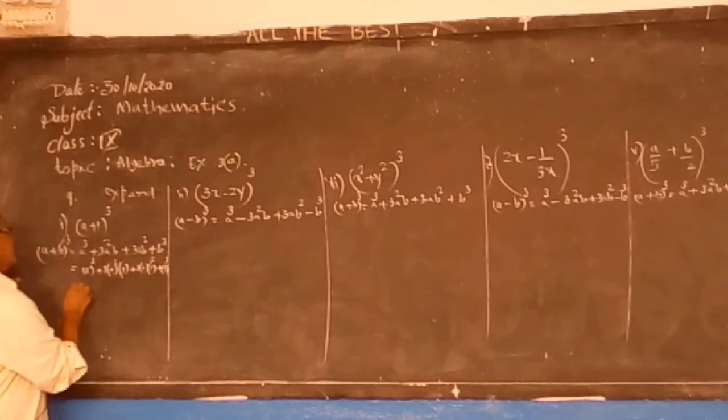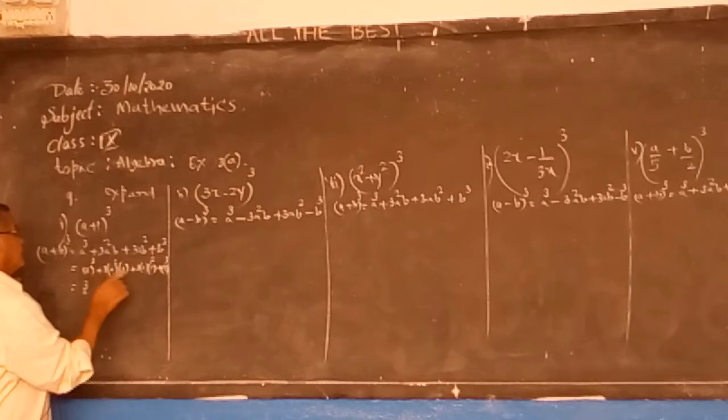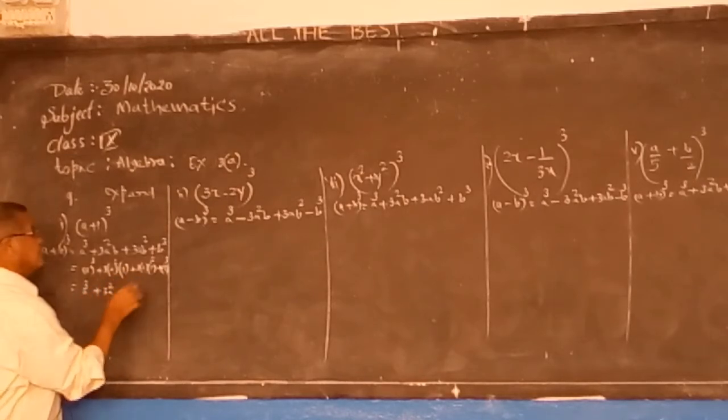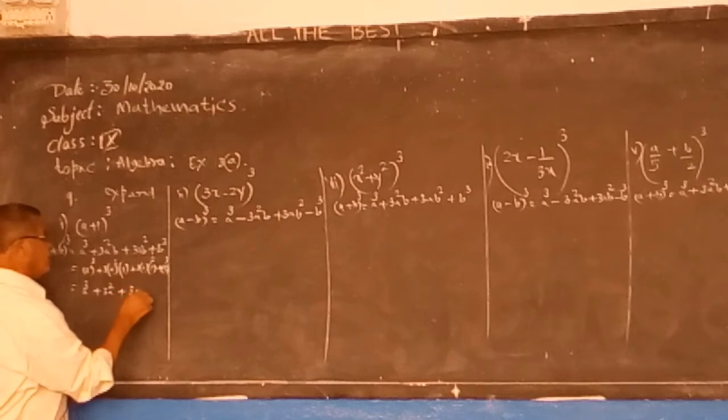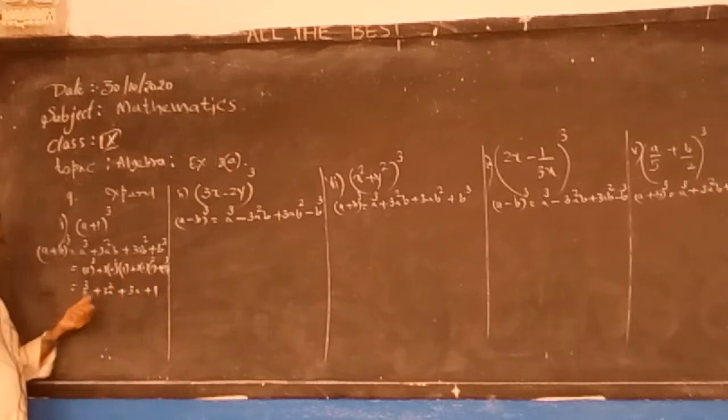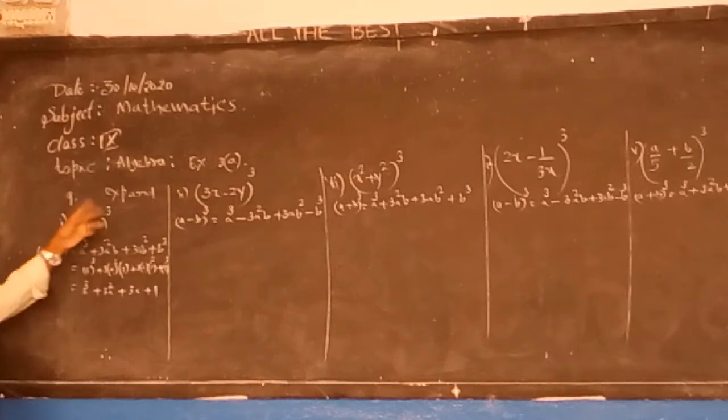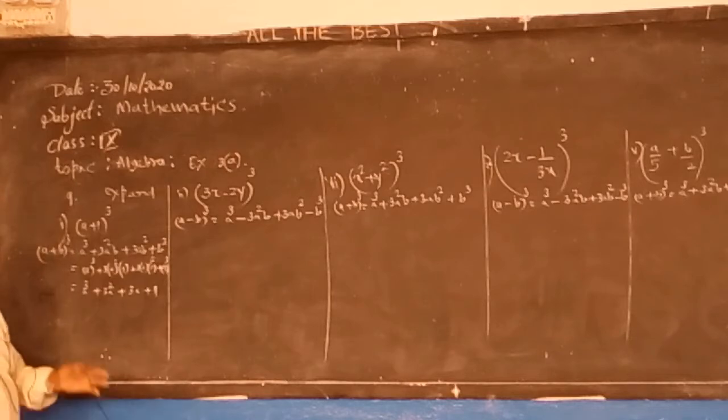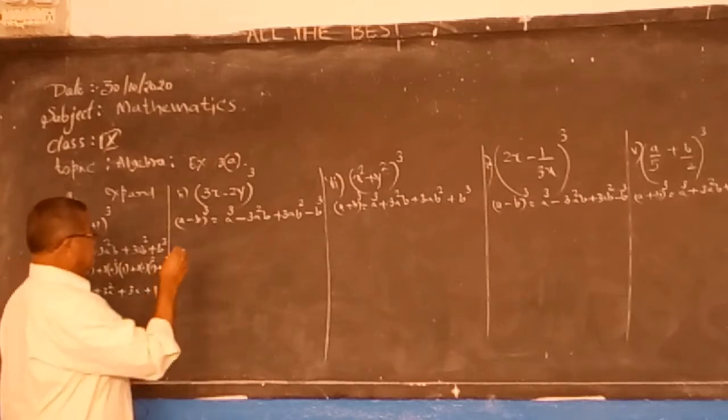Now, a cube plus 3a squared, 1 squared also 1, 3a plus 1. This is the expansion of (a + 1) whole cube. Similarly, the second also.